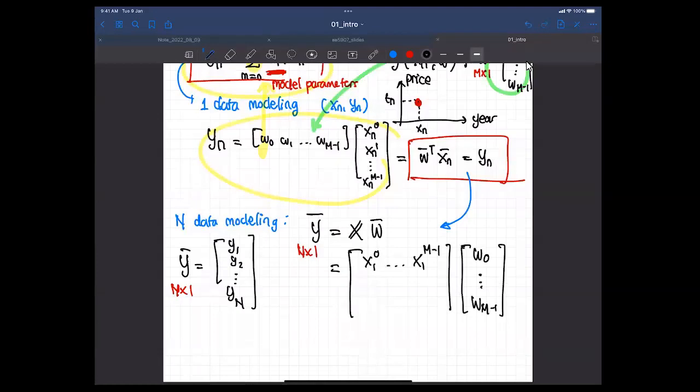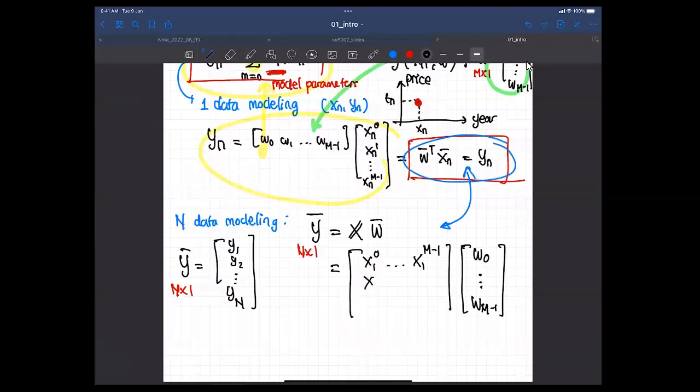Yes. So this is exactly the same as one single data. If I write it in this way, it is modeling one single data. It's exactly the same as the one here for one data. If I have two data, what happens?